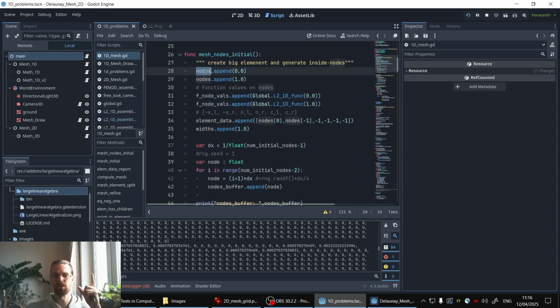So if you notice, we have one expanding list in which we place nodes, and they get the ID by their order number.